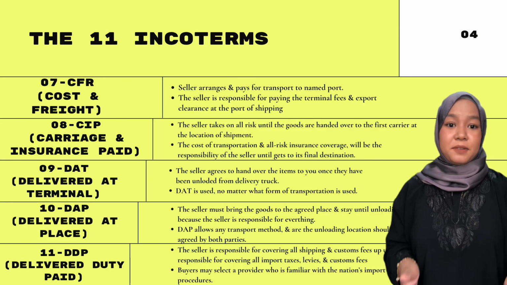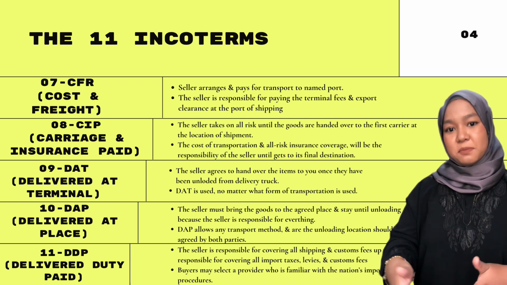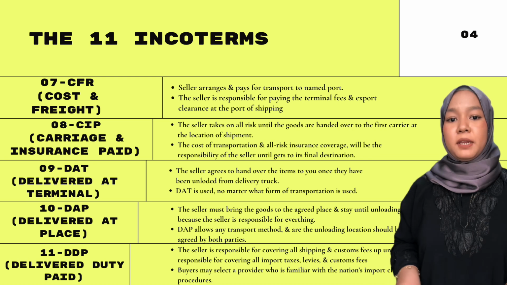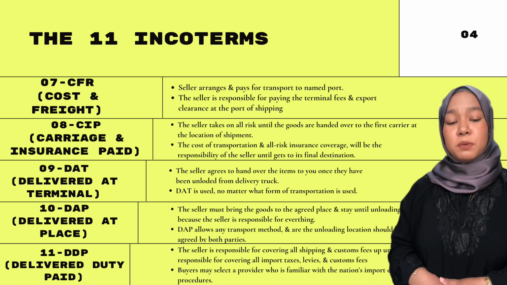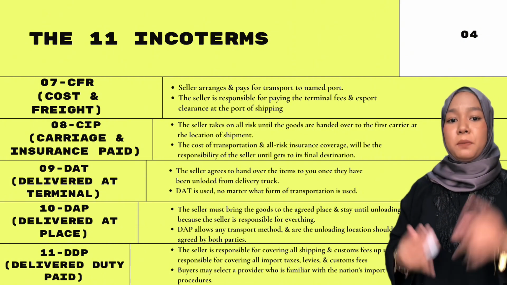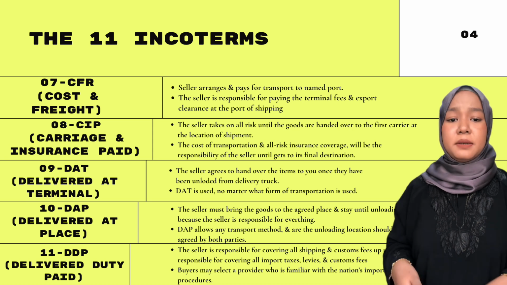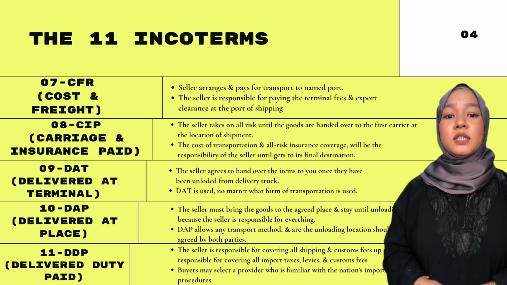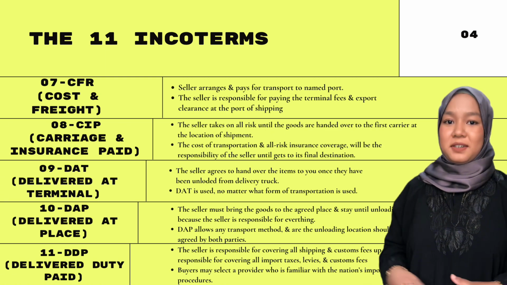Lastly, DDP, delivered duty paid. The seller is responsible for covering all shipping and customs fees up until delivery, and also for covering all import tax, levies, and customs fees. The buyer may select a provider who is familiar with the nation's import clearance procedures.